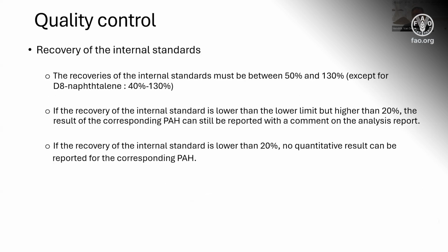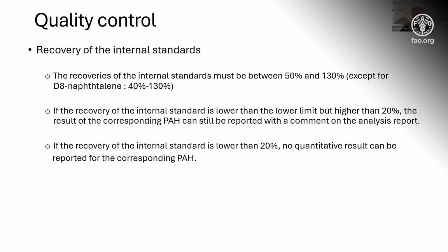The recovery of the internal standards in the samples: each internal standard has to be recovered between 50% and 130%, except for D8 naphthalene, where we tolerate 40% because it's a more volatile compound.